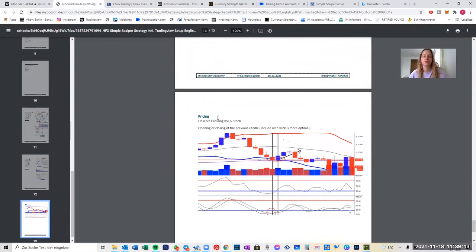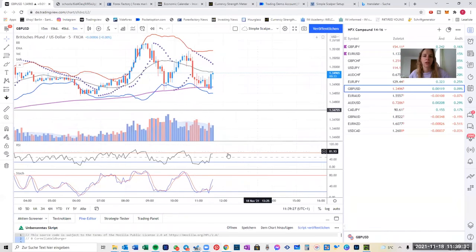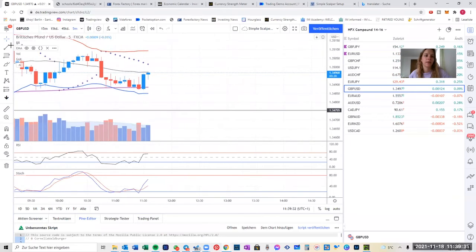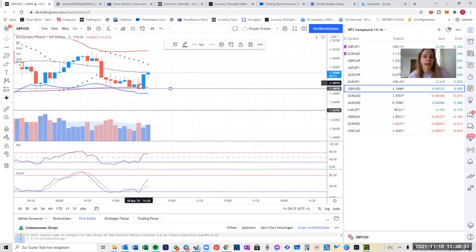The last step is how I find the correct entry. The best price for you to go in is where the last candle has closed. So maybe I can explain it here. We want to go buy. A sell candle is always closing below because it's going down and the price closes down.